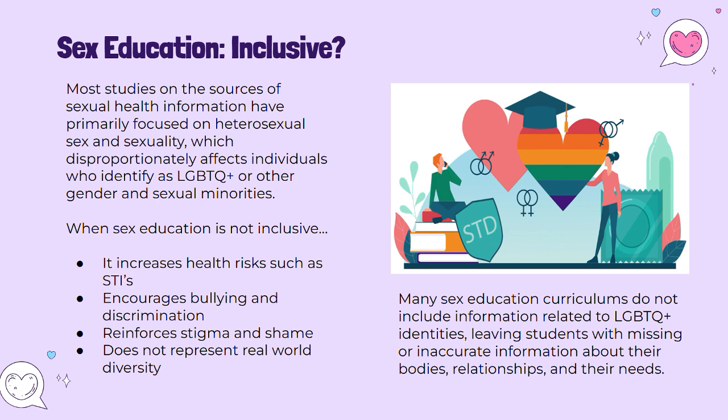When sex education is not inclusive, it increases health risks such as STIs, encourages bullying and discrimination, reinforces stigma and shame, and does not represent real-world diversity. Many sex education curriculums do not include information related to LGBTQ+ identities, leaving students with missing or inaccurate information about their bodies, relationships, and their needs.